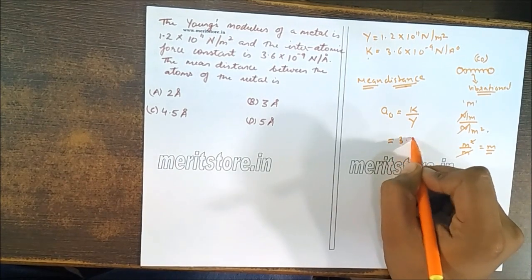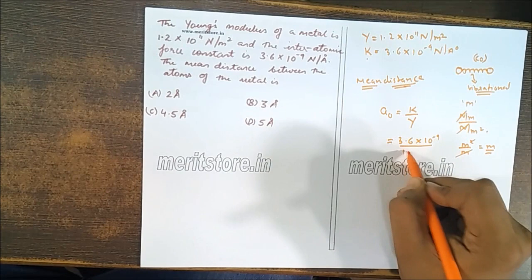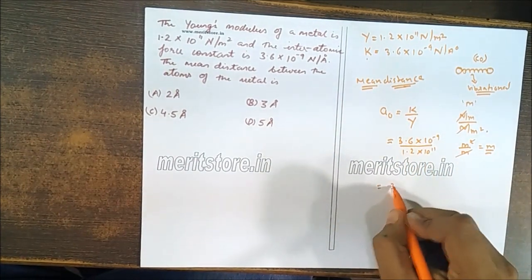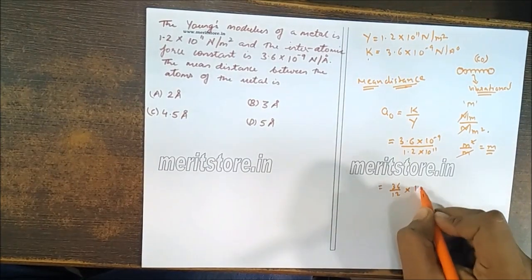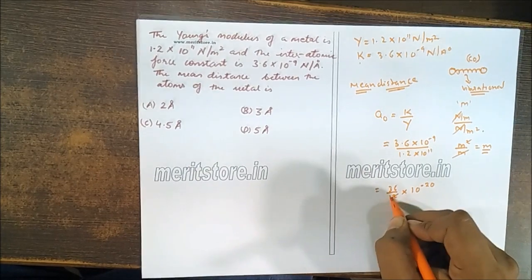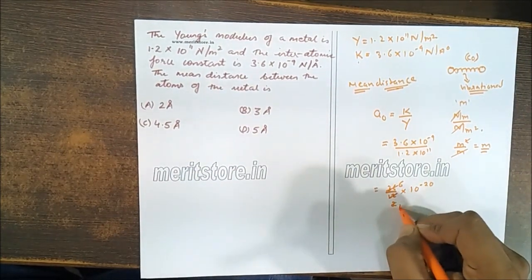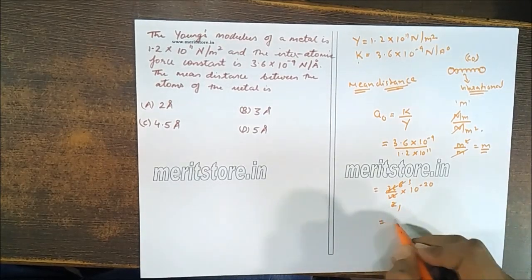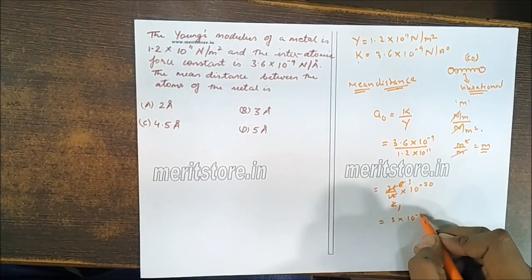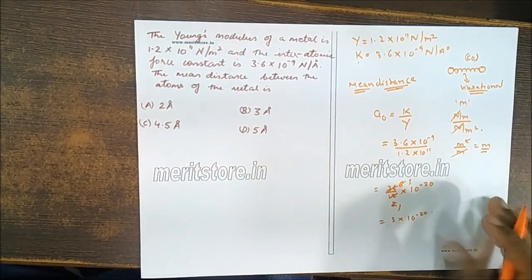Now what is K? 3.6 into 10 raised to minus 9 upon 1.2 into 10 raised to 11. So this will be 36 by 12 into 10 raised to minus 20, which is 3 into 10 raised to minus 20.